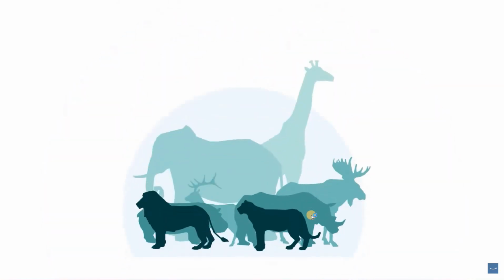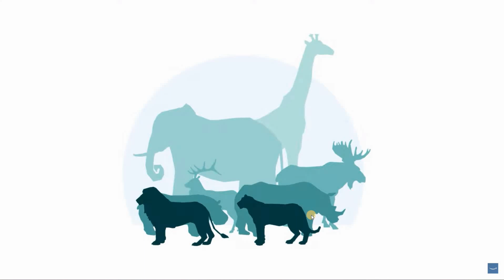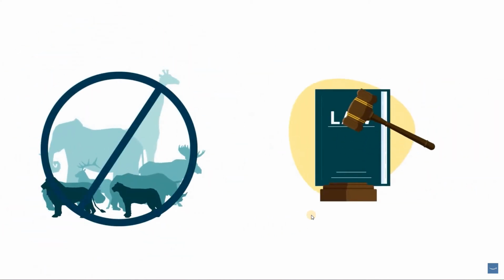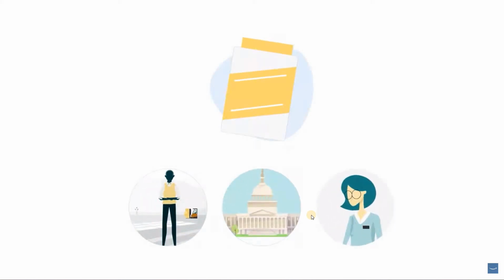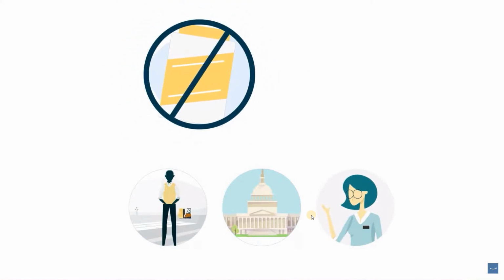For example, parts or products from federally endangered or threatened species are prohibited for sale by law. Similarly, products that are recalled by the manufacturer or any government or regulatory agency are prohibited for sale on Amazon.